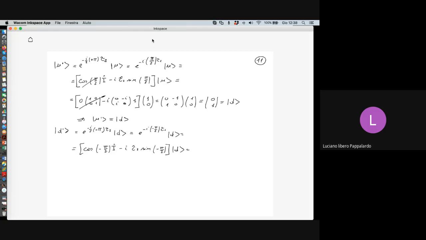Again, the cosine goes to 0, so we have 0 times the identity, minus i, here we have again the second Pauli matrix, 0, minus i, i, 0. The sine of minus 90 degrees gives us a minus 1, acting on the down quark state, 0, 1.